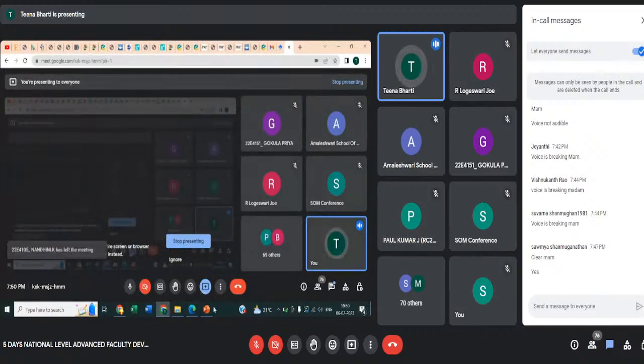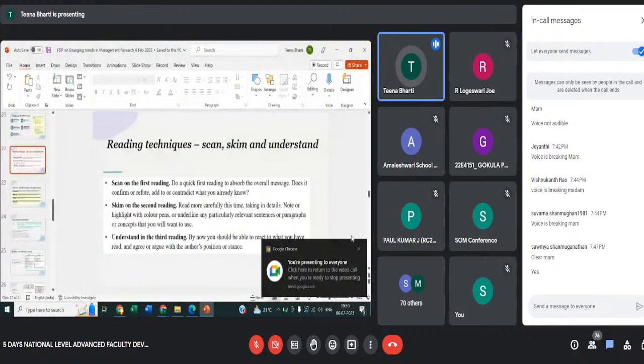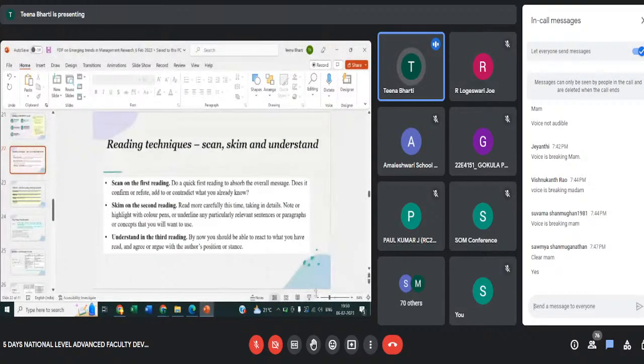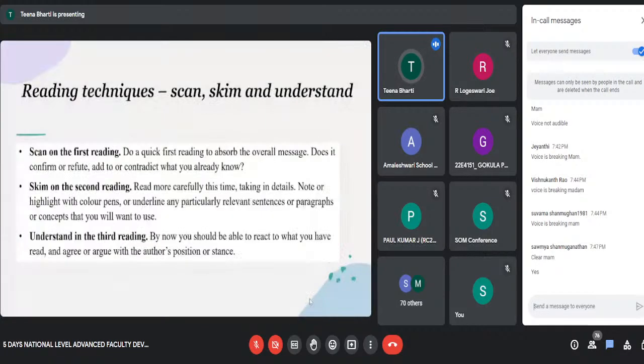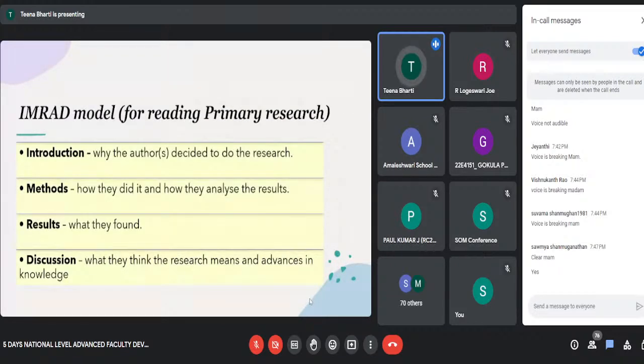Now, this was the overall model of scanning, skimming, and understanding from the researcher's point of view, and how it will be beneficial. This was the IMRAD model, which we were saying is for reading primary research.